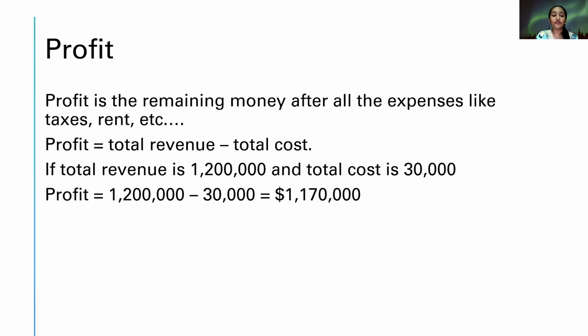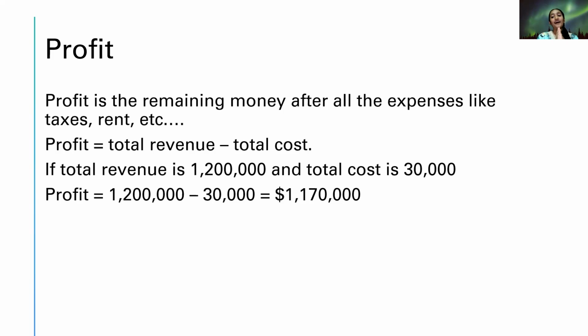Now profit. Profit is the remaining money after all the expenses like tax and rent are cut off. So profit is equal to total revenue minus total costs. So if total revenue is 1,200,000 and the total cost is 30,000, profit will be 1,200,000 minus 30,000, which is 1,170,000. So this is profit.